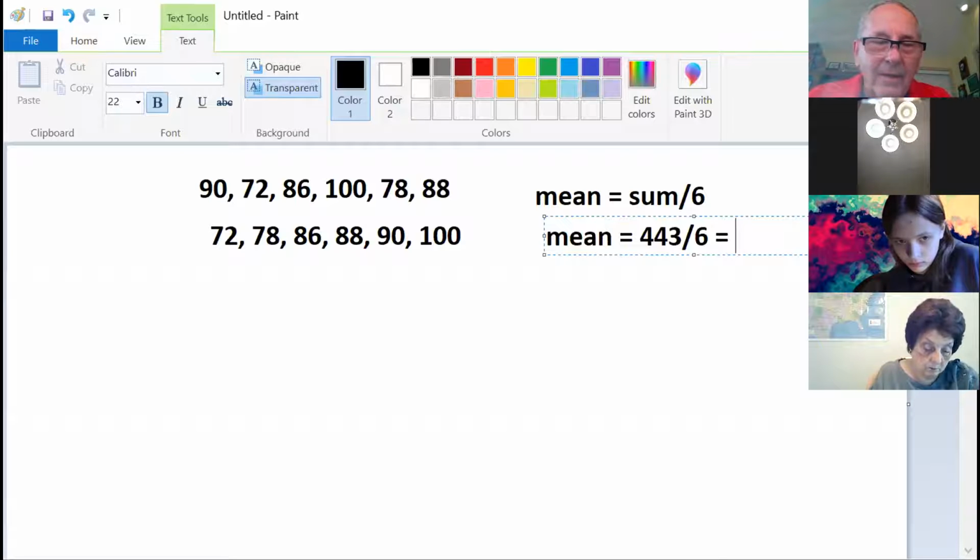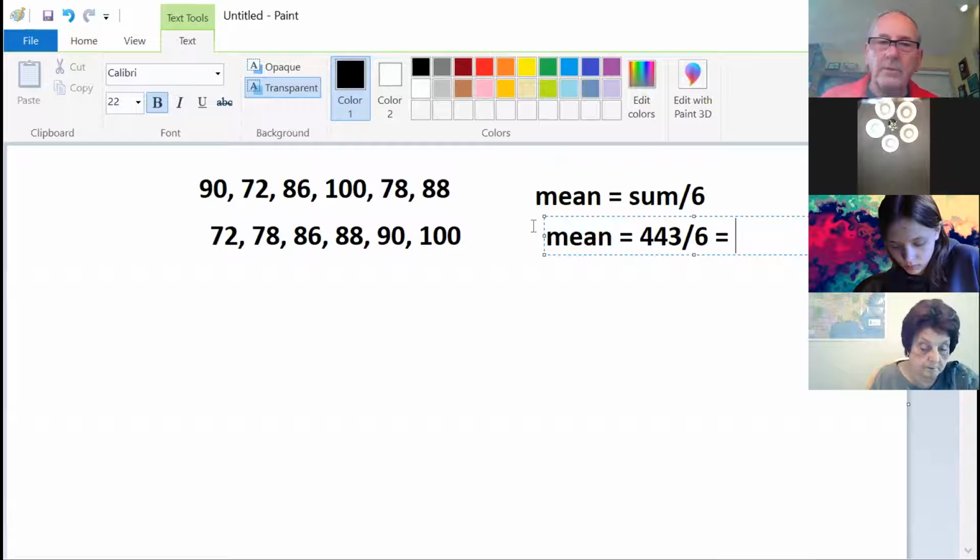Oh, are you adding the other 88 in there now? I'm looking at this: 72 plus 78 plus 86 plus 88 plus 90 plus 100. Is that 443? No, it's 514. Ah, well, that's better.